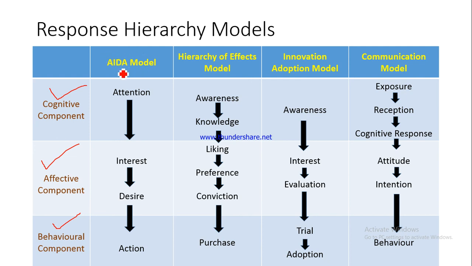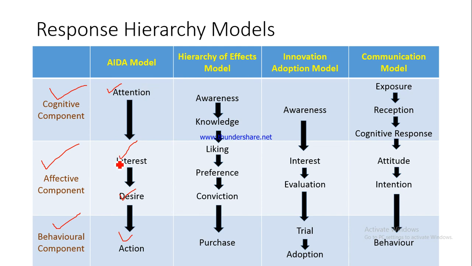This is called the AIDA model. Why? Because we are going to talk about 4 stages here: attention, interest, then desire, and then action. I hope you understand this. What do we mean by this? First, you have the customer who will first attend to your promotional campaign. He'll first have a look, he'll first pay attention.